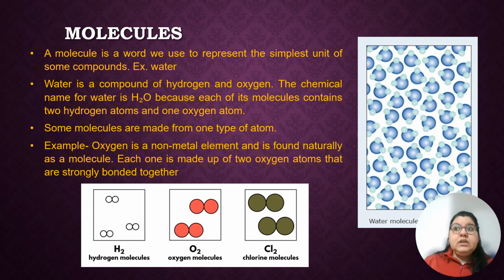Now, having looked at what are atoms, what are elements, what are compounds, there is a new term that we will read, which is molecules. A molecule is a word we use to represent the simplest unit of a compound. If you look at this image, water is a compound of hydrogen and oxygen, and the chemical formula is H2O. Can you see this image, the one which has many water molecules?